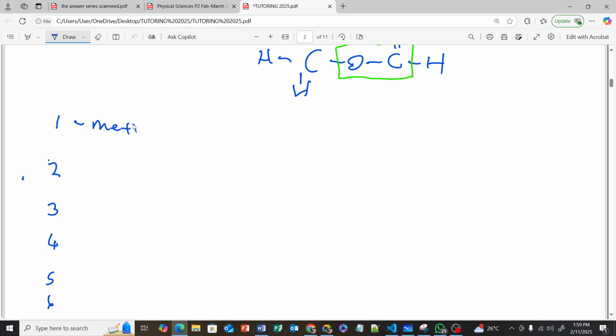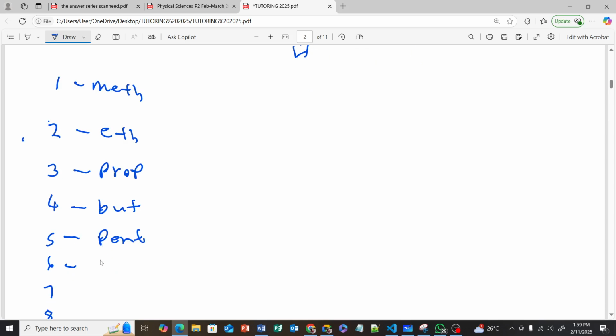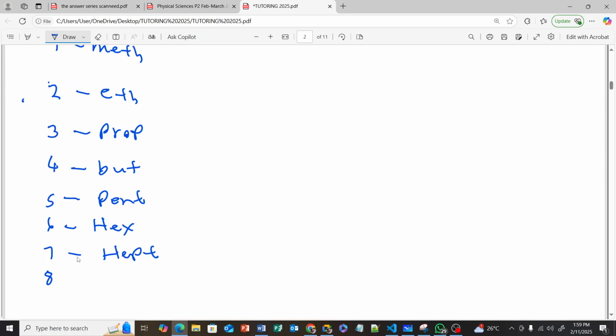Then 2, it's eth. 3, it's going to be prop. 4, it's going to be but. 5 is going to be pent. 6, it's going to be hex. 7, it's going to be hept. Lastly, 8, because the longest chain you're going to deal with is 8, it's going to be oct.